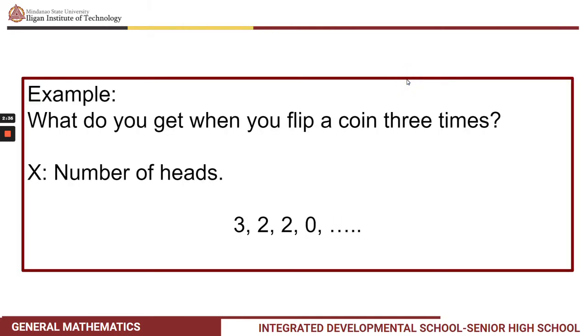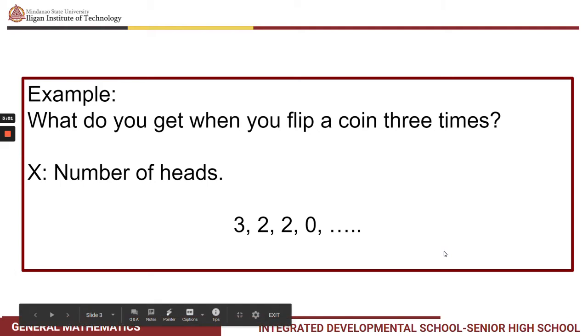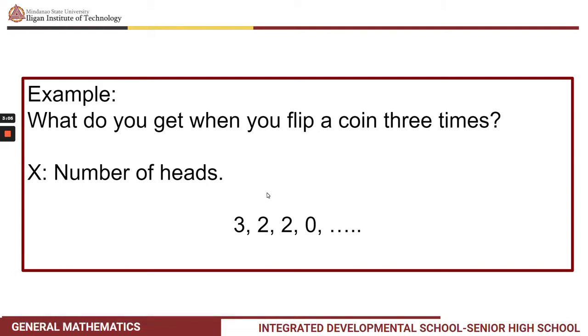So, para mas maintindihan natin yung random variables, we have here an example. What do you get when you flip a coin 3 times? So, our random experiment or probability experiment here is flipping a coin 3 times. No? So, your random variable could be the number of heads. Itong nasa baba, yung 3, 2, 2, 0, this is an example of possible values ng random variable mo.